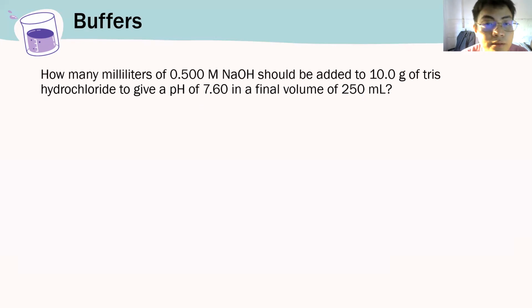This is not related to the previous problem except that we have to get that the pKb of tris is 5.928. So it's not related to the one we solved earlier.